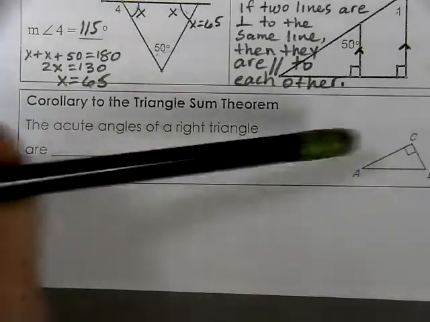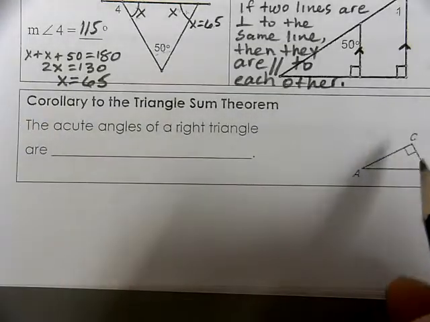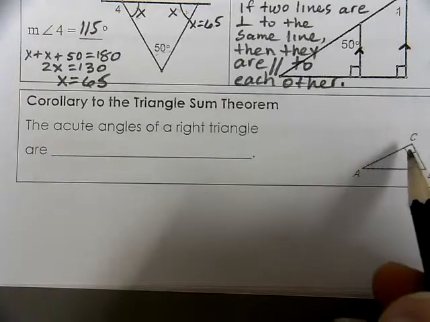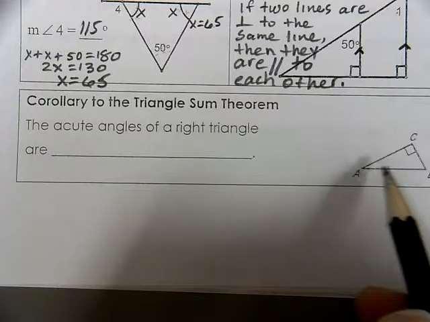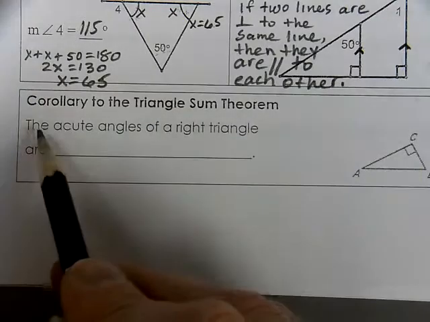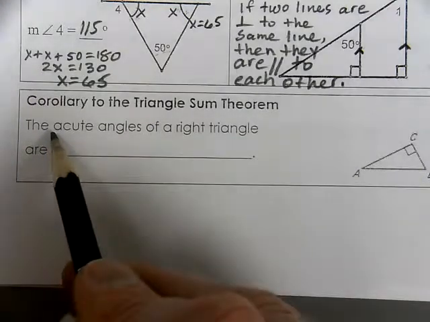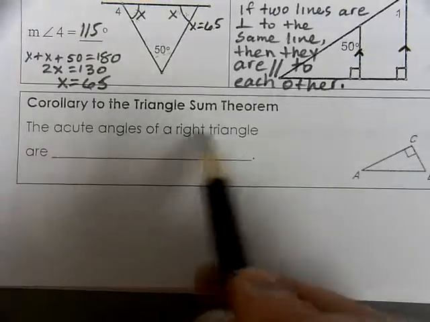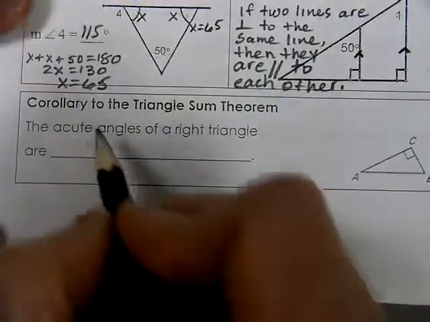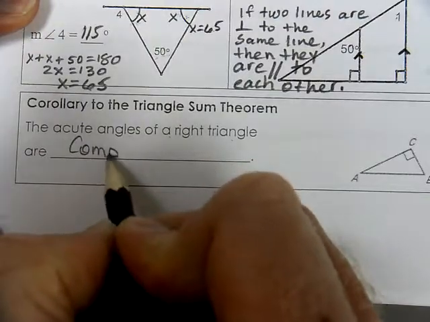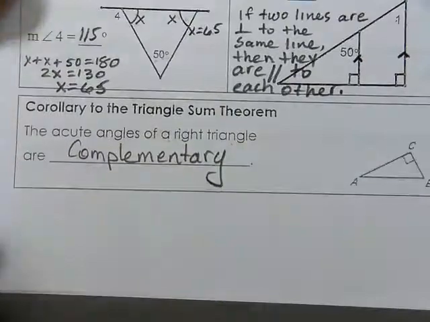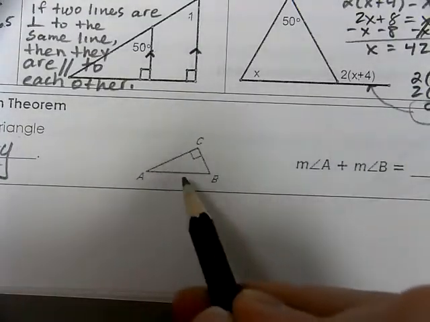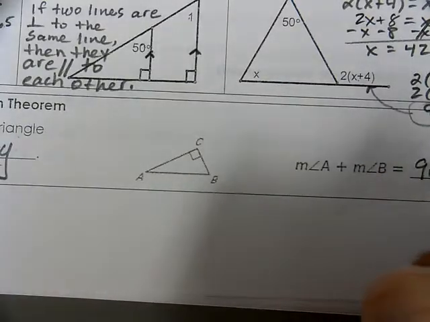Well, if the 3 interior angles add up to 180 and one of those angles is 90, then the other 2 angles have to add up to 90. So if 2 angles are adding up to 90, then the acute angles of a right triangle are going to be complementary. That's telling us that the 2 angles that aren't the right angle have to add up to be 90 degrees.